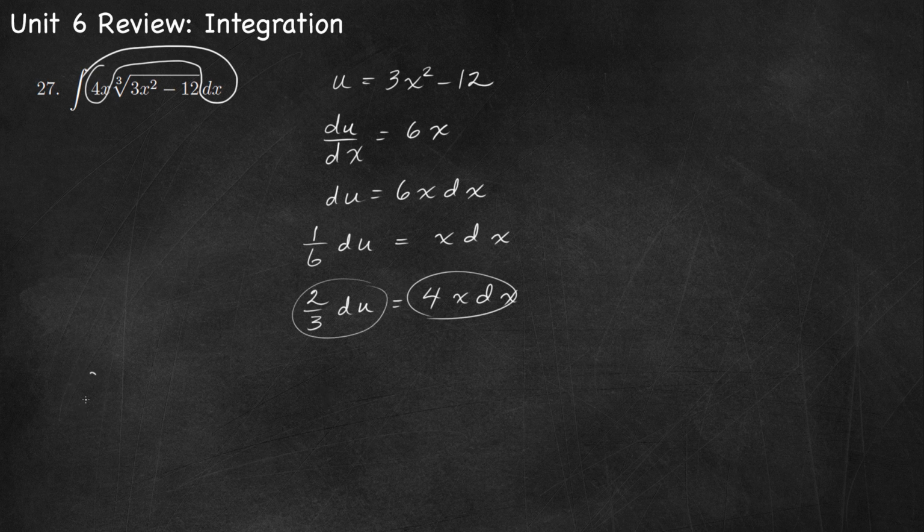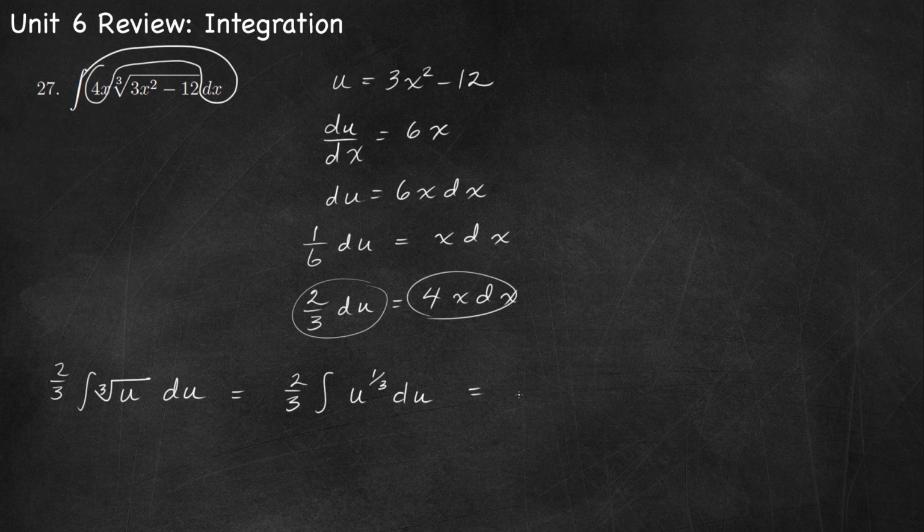So my integral becomes 2/3 du times the cube root of u, since 3x squared minus 12 is equal to u. And that's 2/3 times the integral of u to the power 1/3 du.